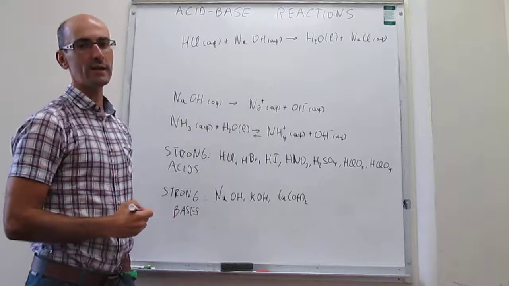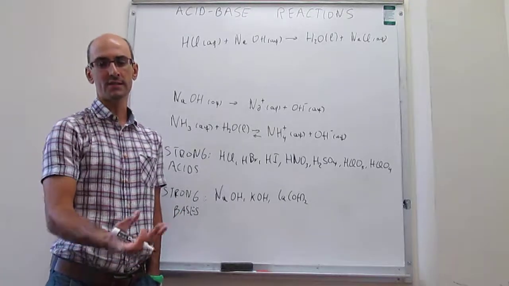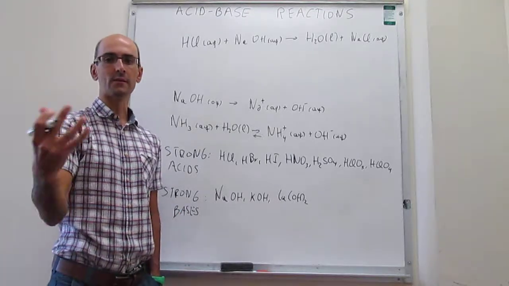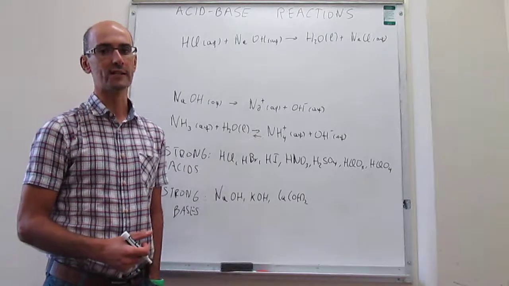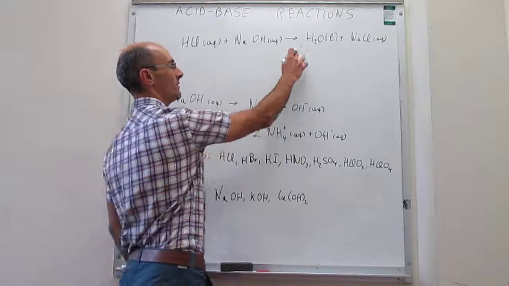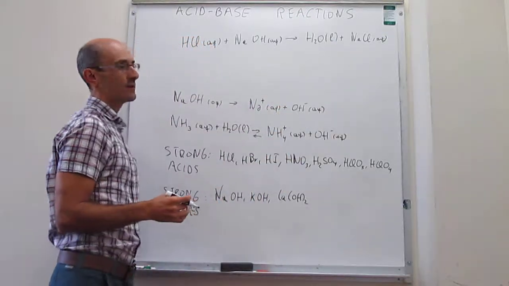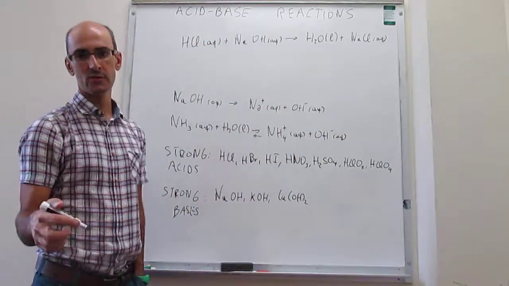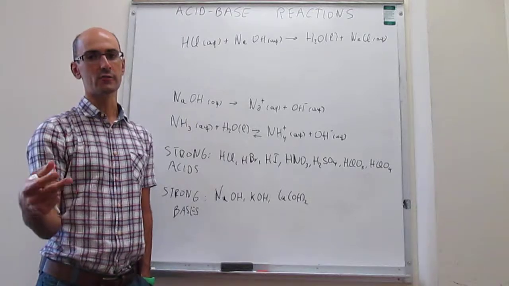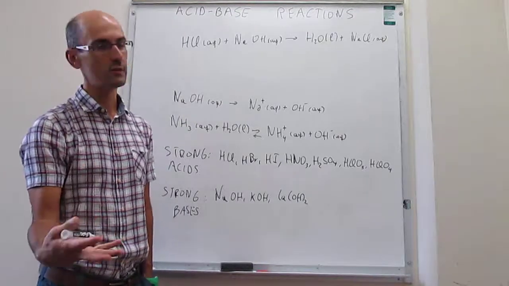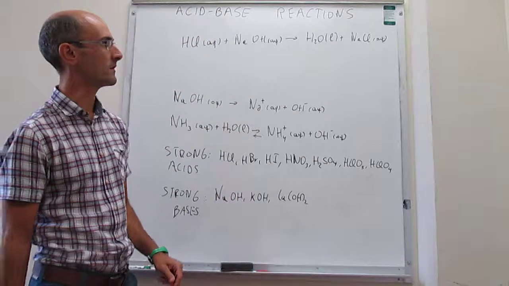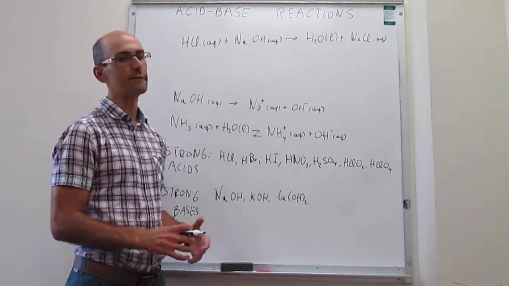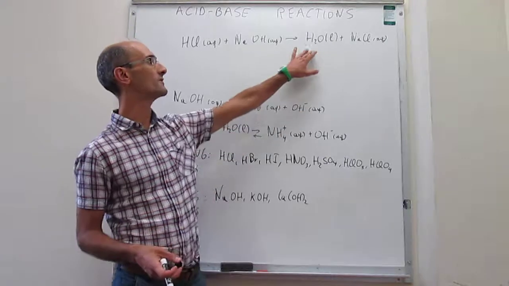So why is this a neutralization reaction? Well, you take something that is an acid with something that is a base, and you get to a neutral point, where you don't have either an acid or a base. So you get water and then a salt. The typical acid-base reaction is going to be acid plus base to generate water plus salt. In this case, the salt is soluble, because you'll have sodium ions and chloride ions free in solution, and water is generated.